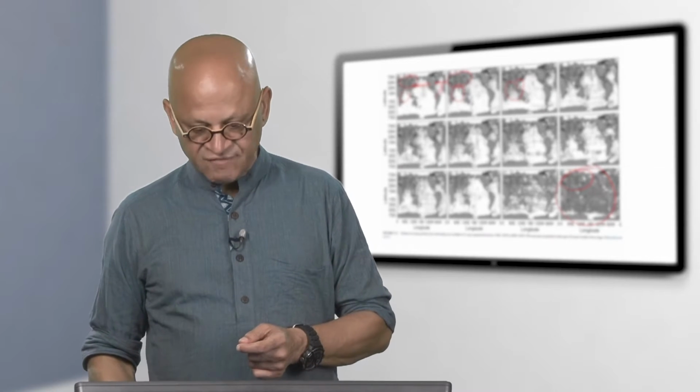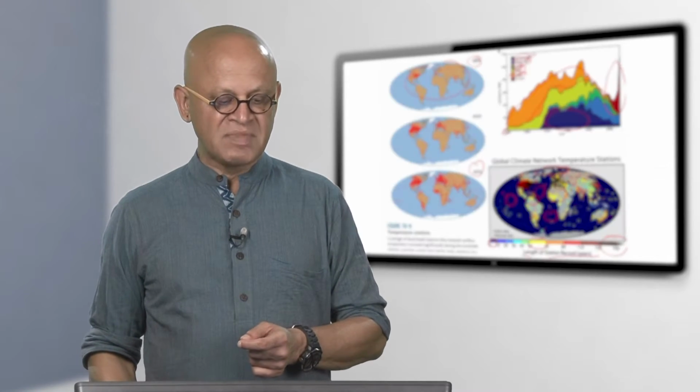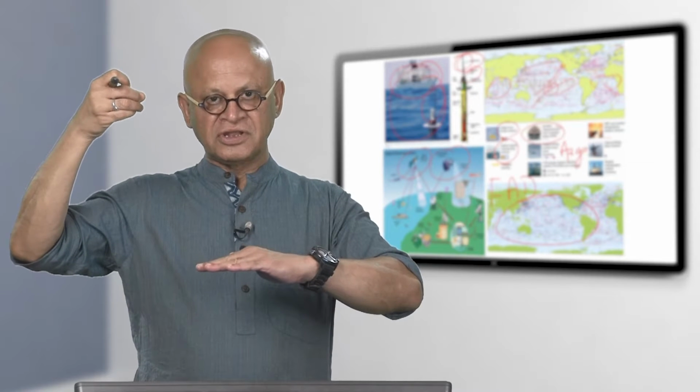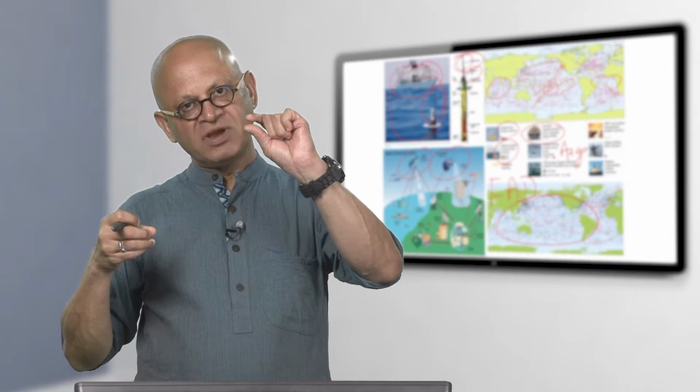This is worth re-emphasizing. Why do we need profiles? Remember that the satellites can look at the surface only. Anything that the satellite is looking at, whether it's radiation coming from the surface or the laser it is sending down and measuring the return, it can only penetrate a few centimeters to a few meters.